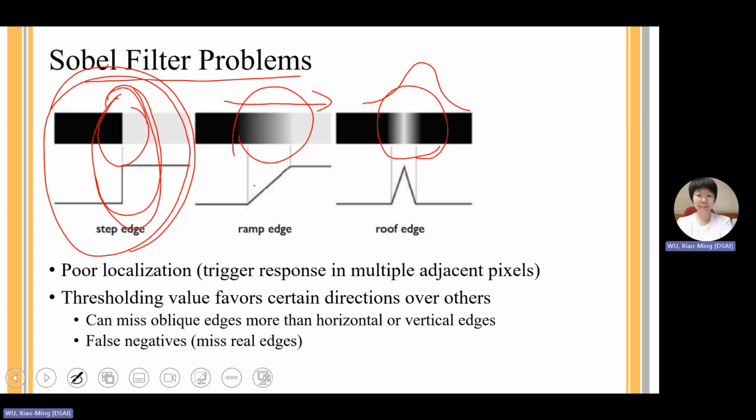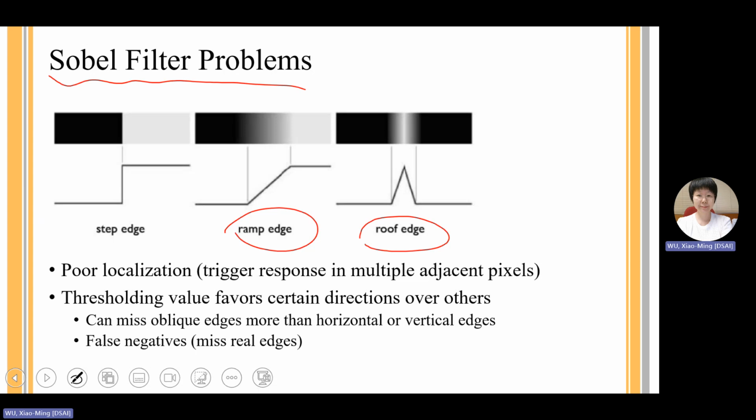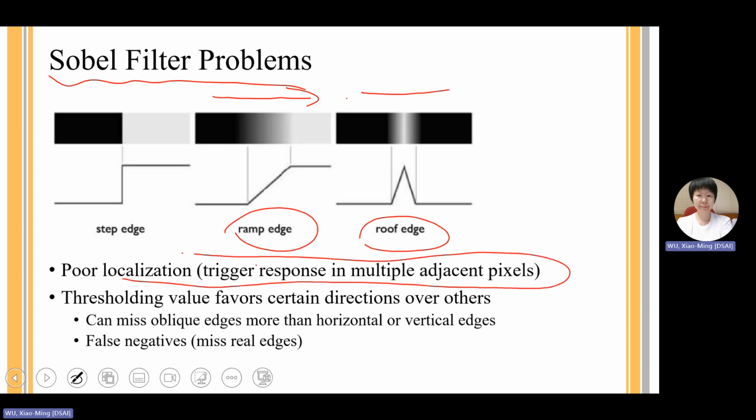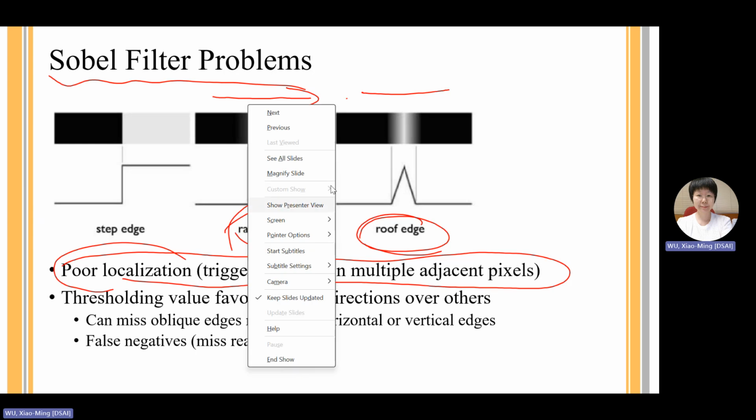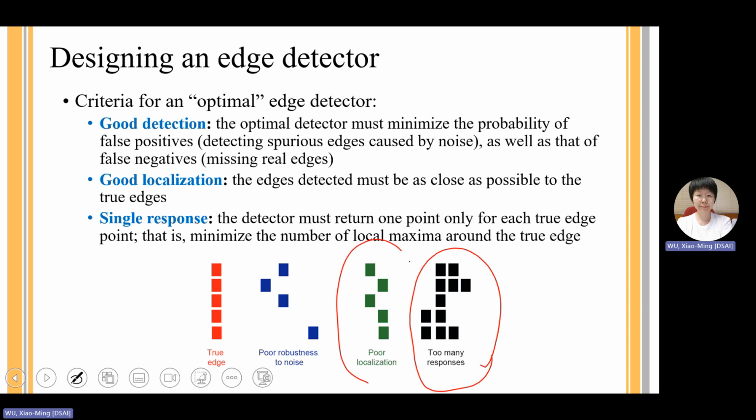Okay, so in this case, Sobel filters will trigger multiple responses, because the edge values change gradually. So you will have multiple responses like this, and also poor localization.